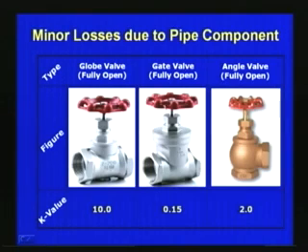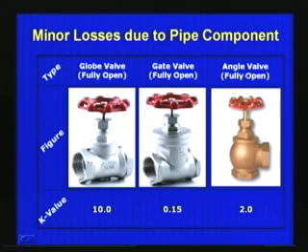So some of these standard available values of k are written here. You can see that if the valve is a fully open globe valve, then the k value will be about 10 as shown here. And if it is a fully open gate valve as shown in this figure, then the loss will be much less, the k value will be 0.15.